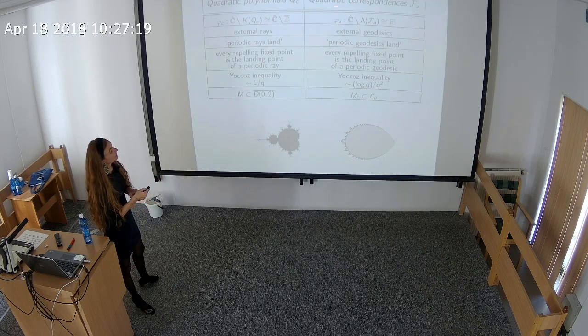And for correspondences, our Böttcher map uniformizes the complement of the limit set to the upper half plane, conjugating the dynamics of our correspondence to the one of the generator of the modular group.